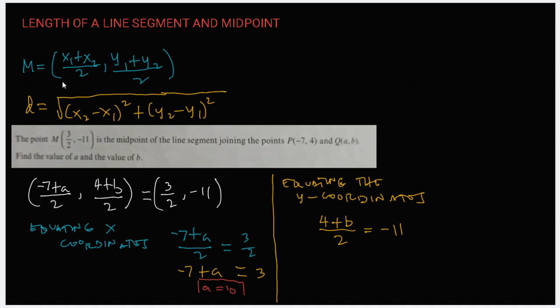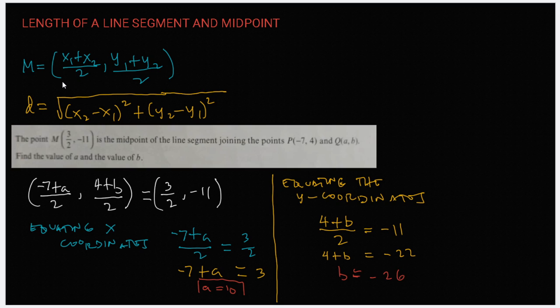Let's continue. If we cross multiply here, that would be 4 plus b is equal to -22. Simplifying this, we can say that b is equal to -26.